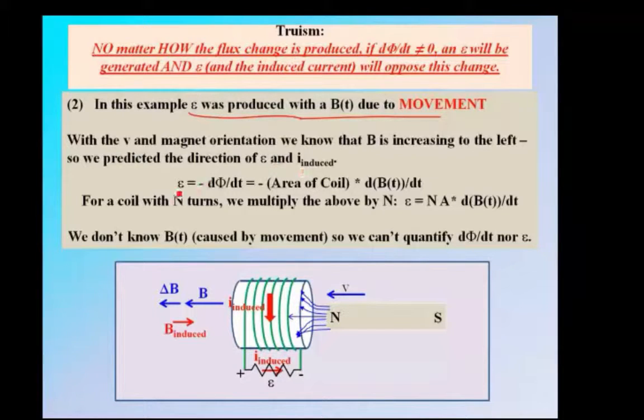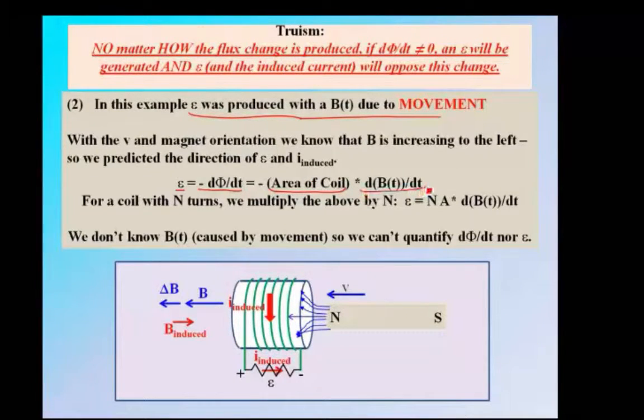And so again, we have epsilon being minus the derivative of phi with respect to t, and that's going to be minus the area of the coil times the derivative of B with respect to t, since the area of the coil is a constant, so we can bring that outside.